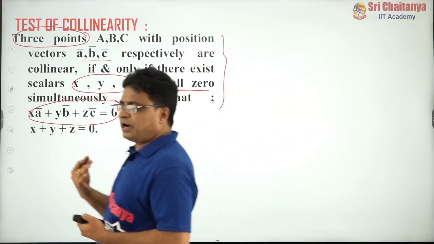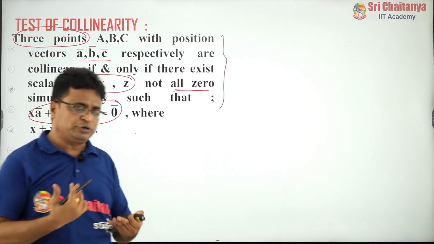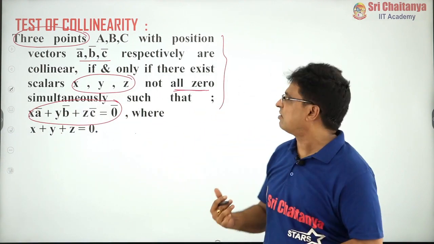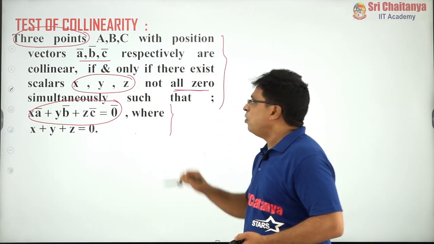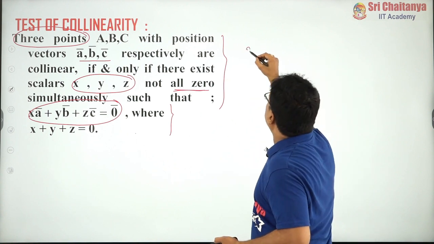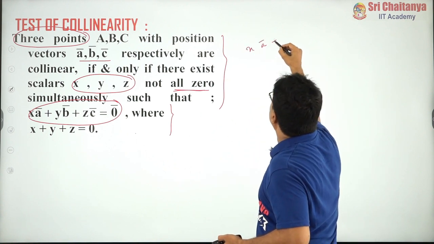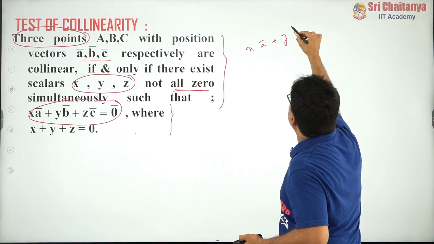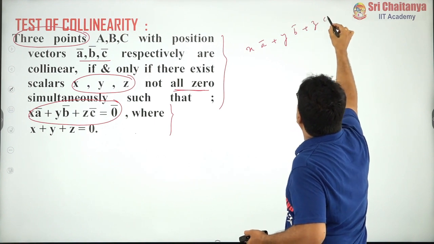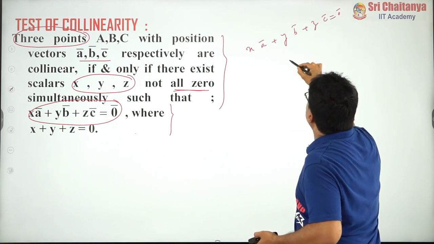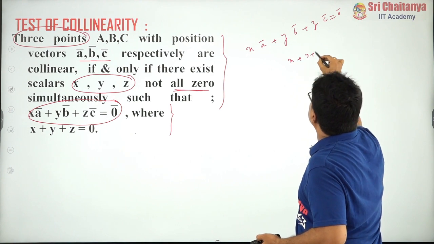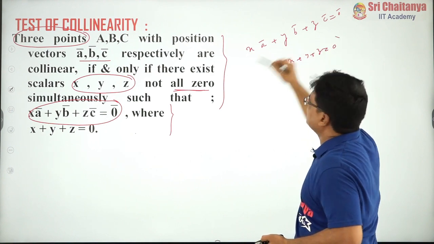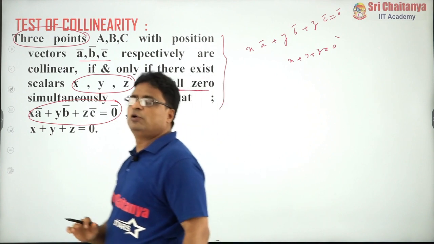So, whenever three points are given and we want to test whether the points are collinear or not, this is the litmus test. What to do? You have to write a linear combination of these three points like this, and if you prove that x plus y plus z is equal to 0, then we can say that the three points are collinear.